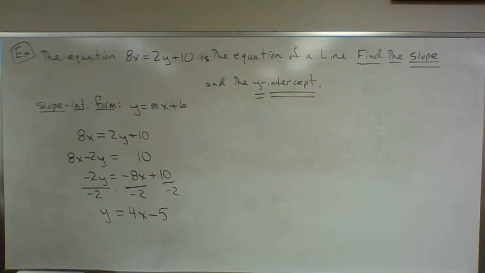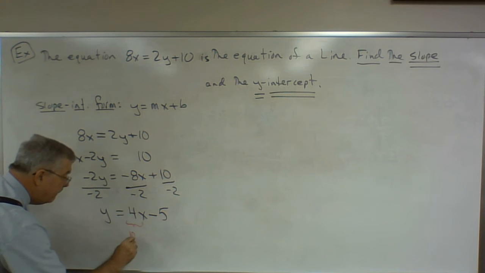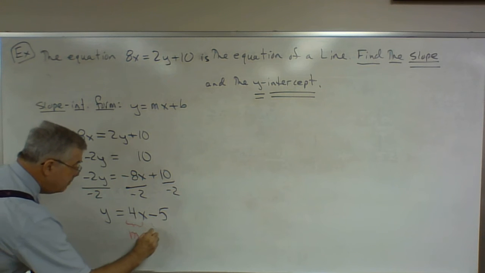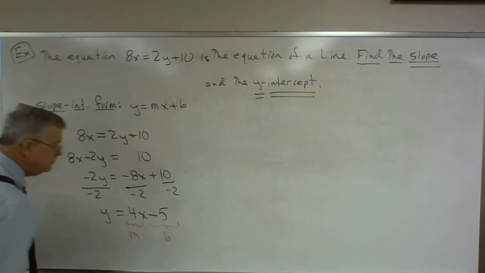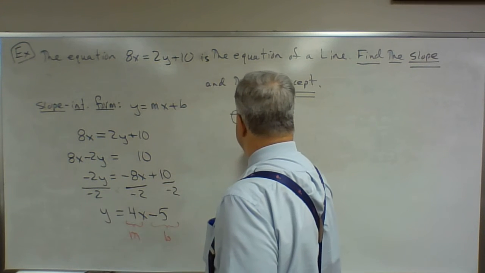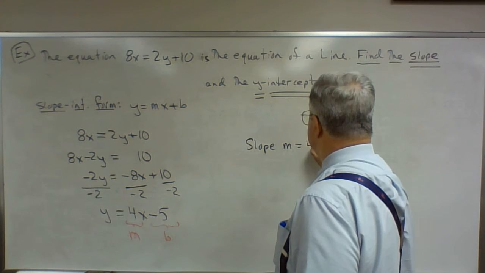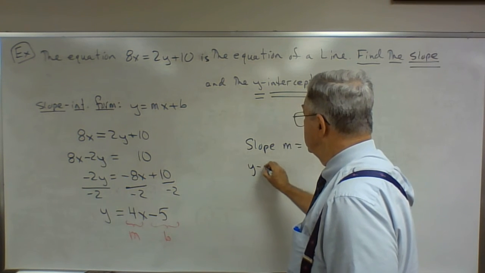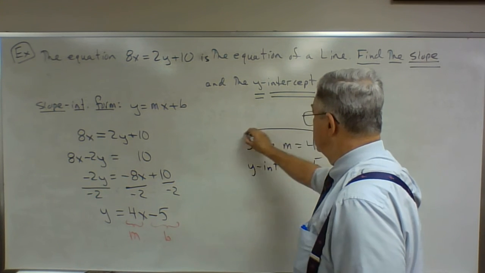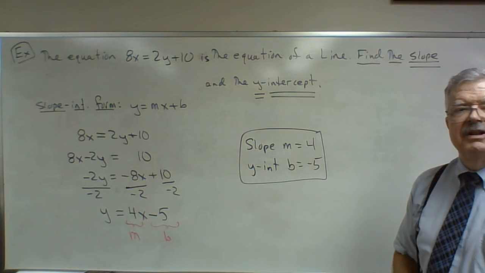So the multiplier of x is our m. And the constant out here is our b, our y-intercept. Excellent, excellent, excellent.